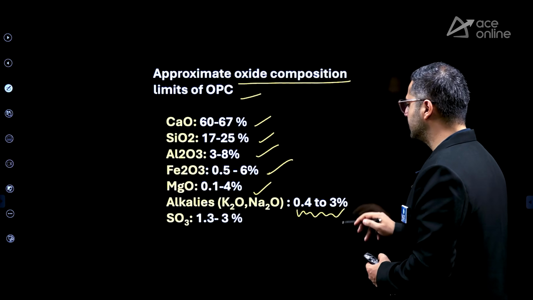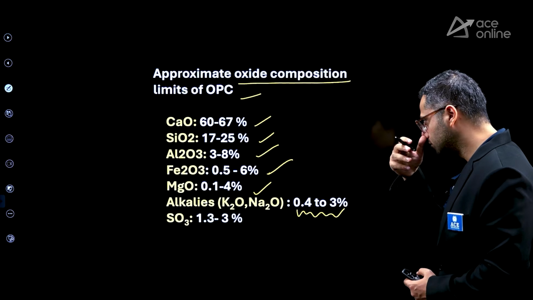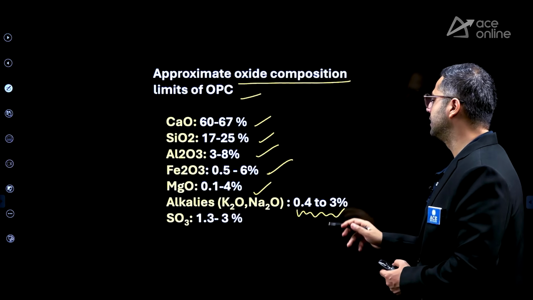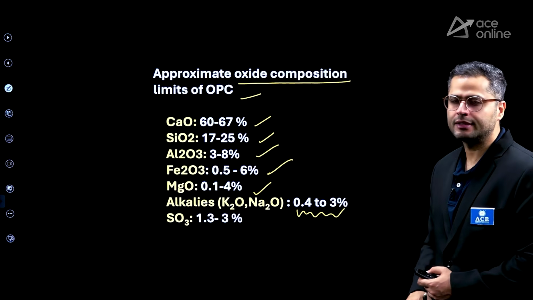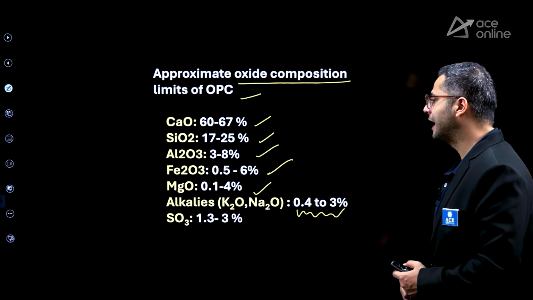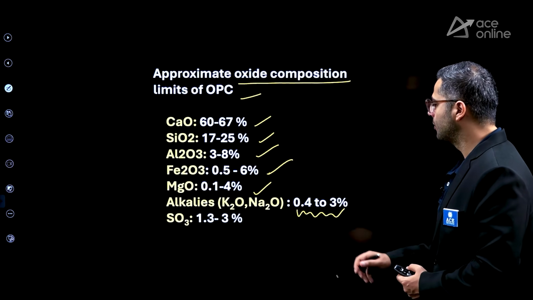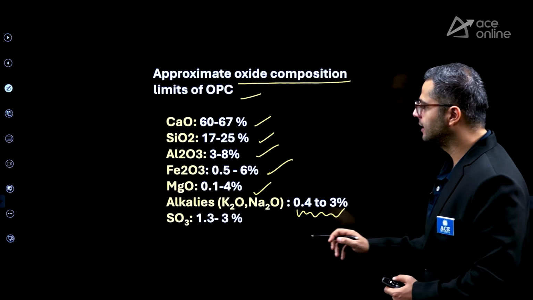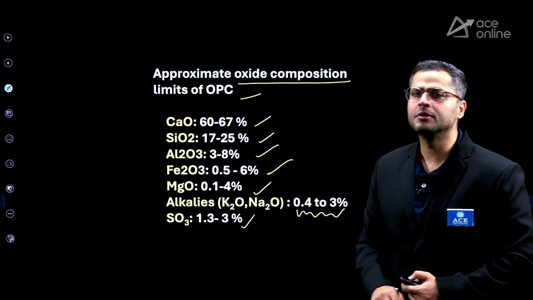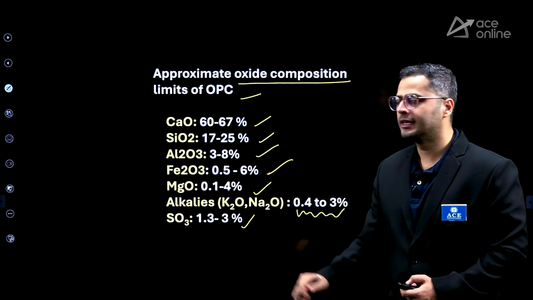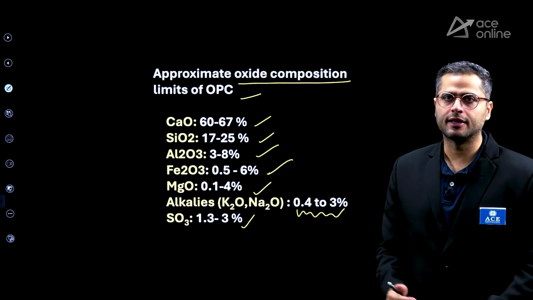Alkalis are very undesirable. We generally tend to not have them a lot. They are a problem for us in many ways, especially in terms of alkali aggregate reactions and also efflorescence on the surface. So 0.4 to 3%, and then sulfur comes 1.3 to 3%. So this is your total constituents which are there.